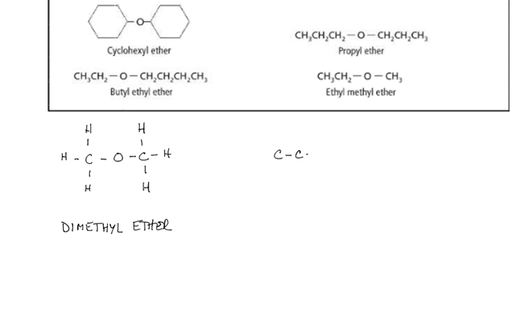What would this be called? Remember, we named them alphabetically. So I have a propyl group to the left with 3 carbons. I have an ethyl group to the right. So this is called ethyl propyl ether. And notice how the names are separated out.